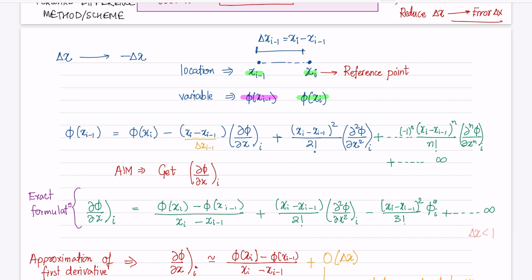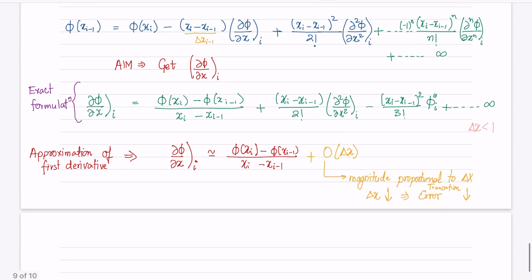And again, I think you might have guessed it right, that this is called a backward estimate. So the scheme that we have derived today is called a backward difference scheme or backward difference method. You can probably use either name, that is totally fine.